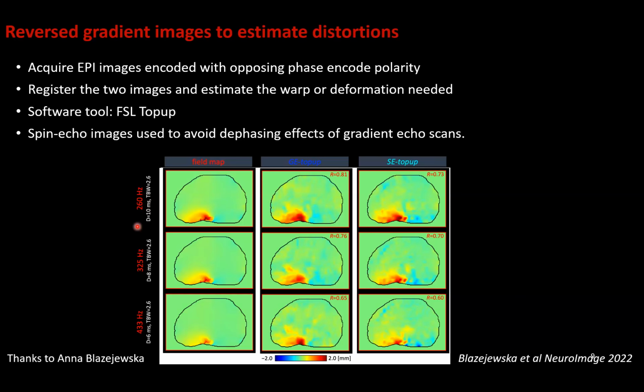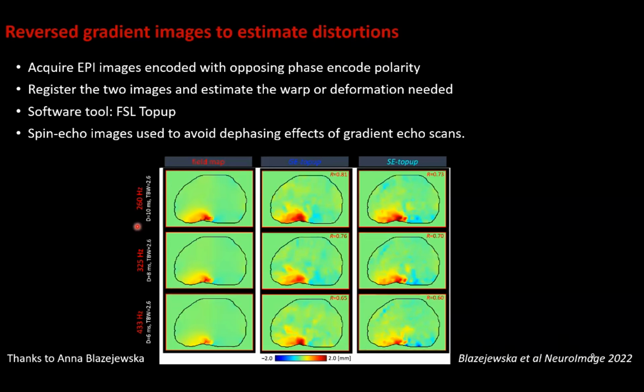And on that note, this is my favorite figure of this entire talk. Anna, big shout out to you. This is work by Anna, where she's shown 3 different distortion maps for the same data. You have a field map, you have a gradient echo based top-up estimate, as well as a spin echo based top-up estimate.